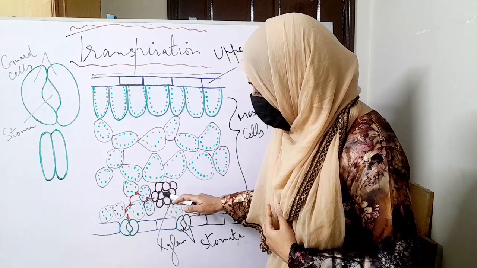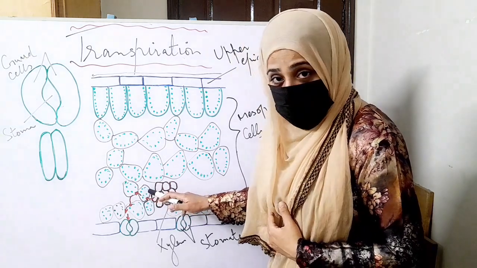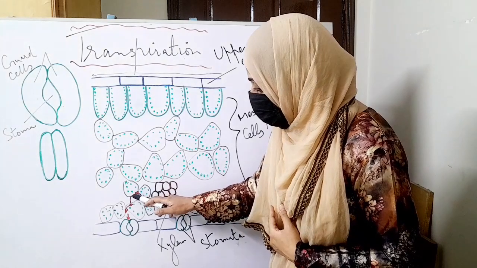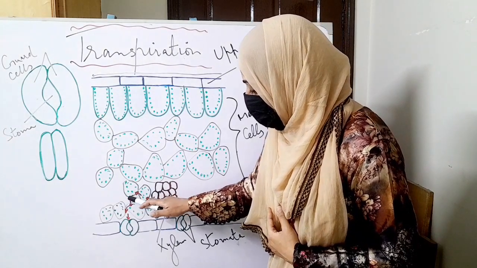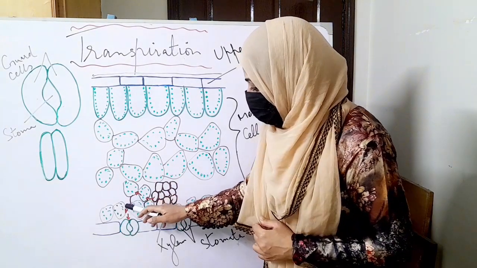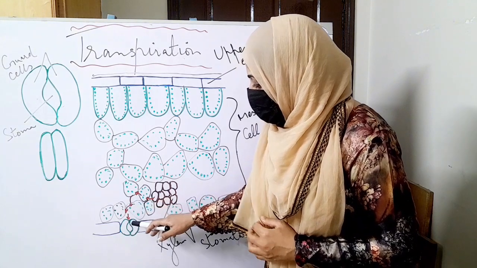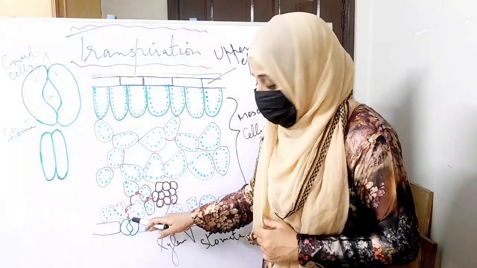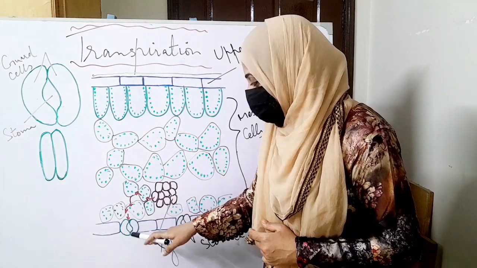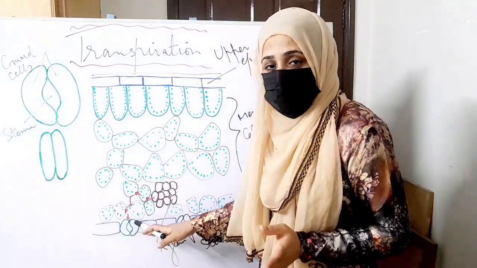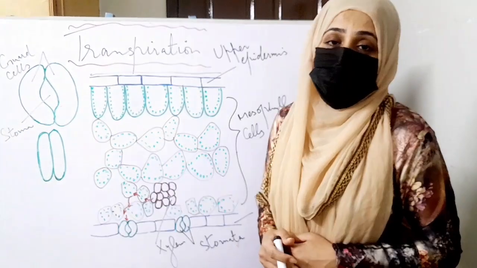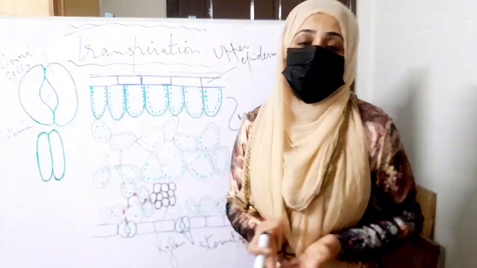Finally, it enters into the stomata, that are pores, and from the stomata it moves outside or diffuses out into the air. And this is how transpiration occurs.